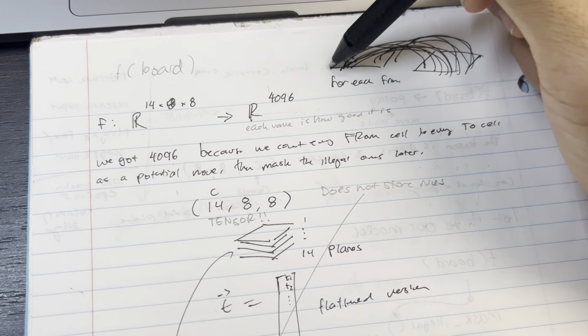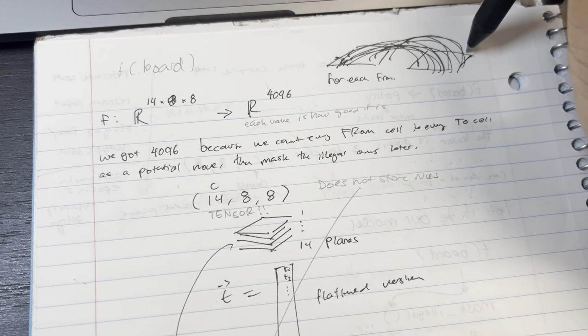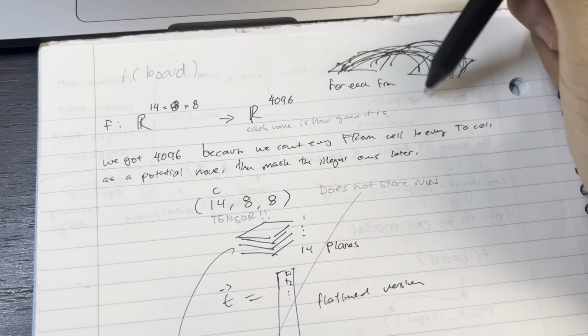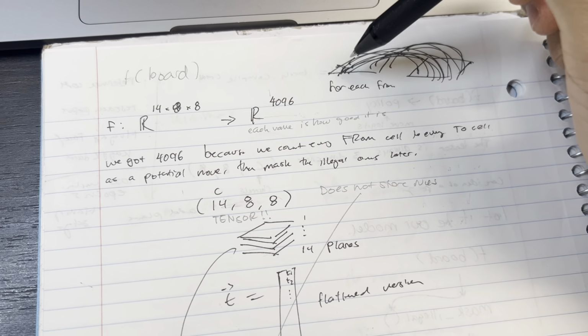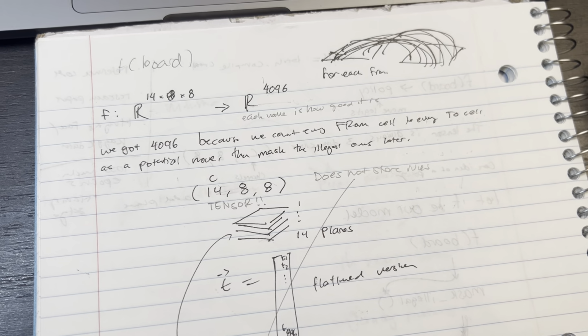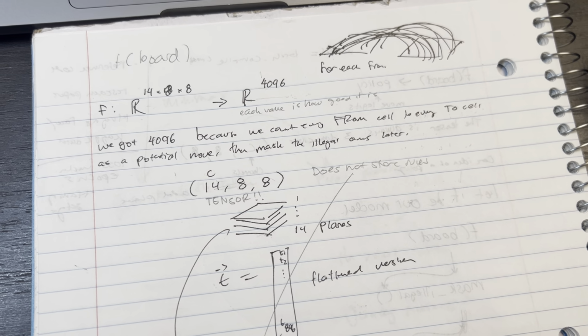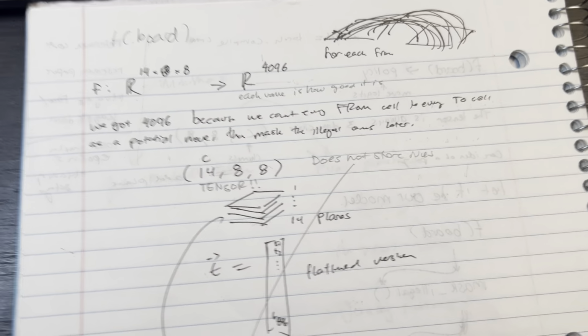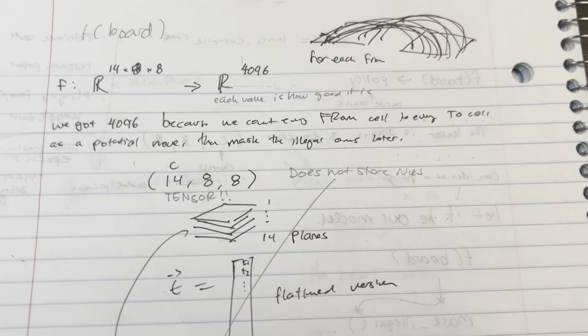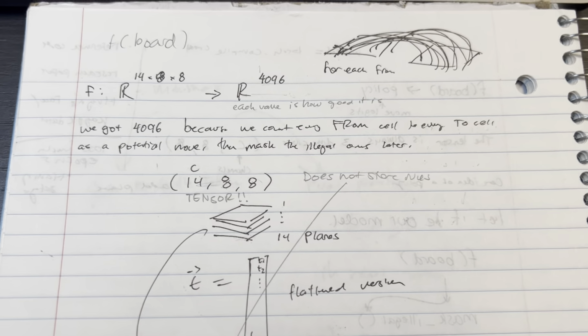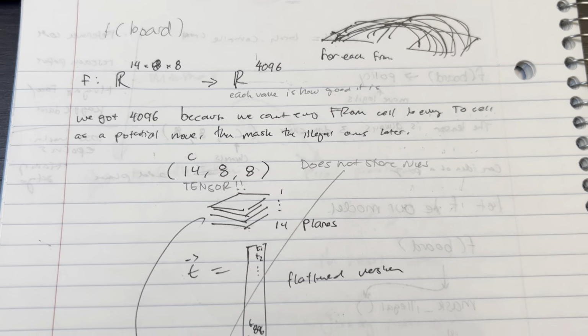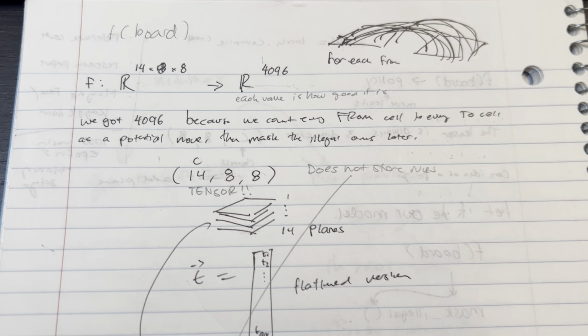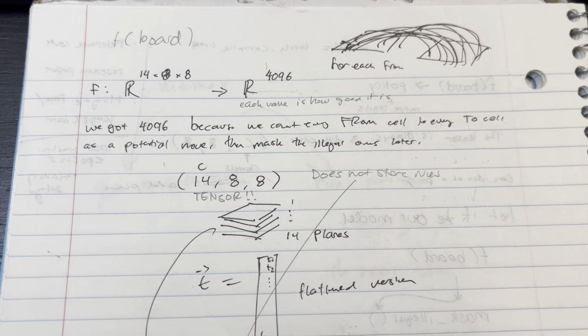For example, the knight is in the bottom left and it goes to the top right. That's not legal, but we'll deal with that later. We're just concerned with possibilities, and we're going to perform a softmax on them later. So once again, we get 4096 because we count every from cell to every to cell as a potential move.